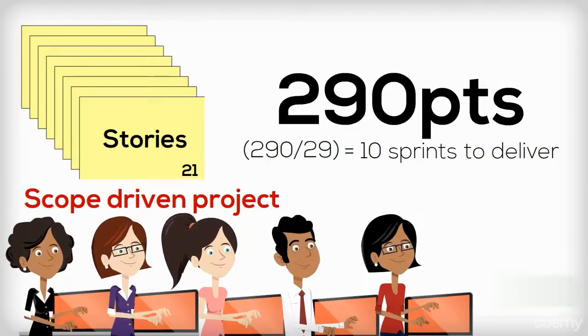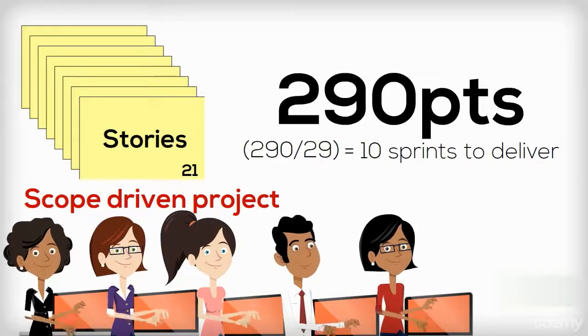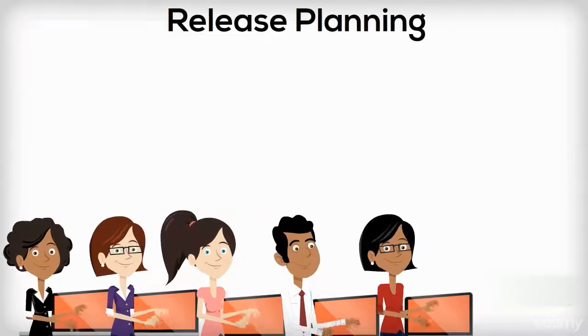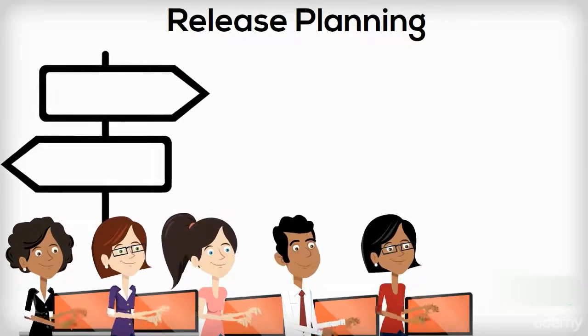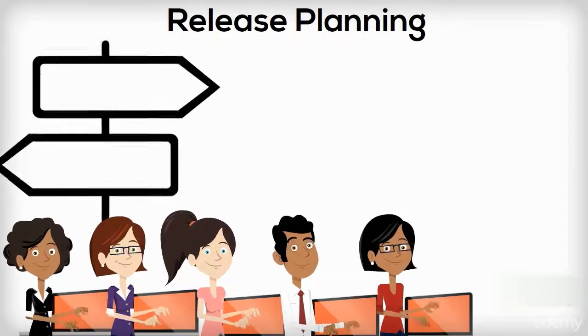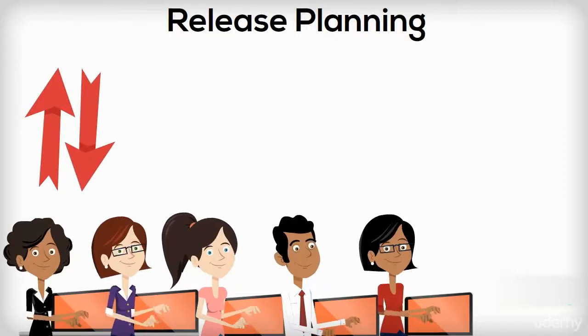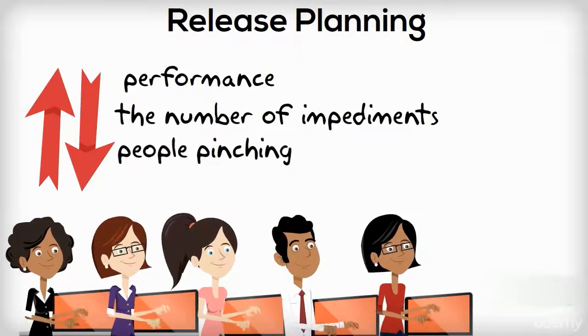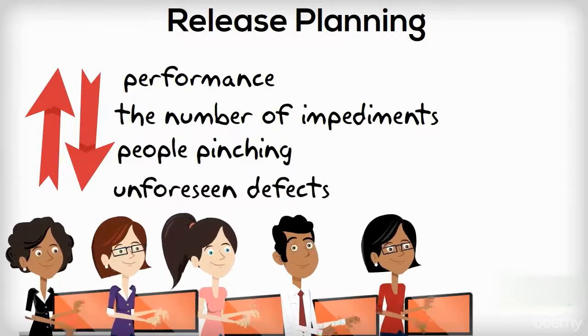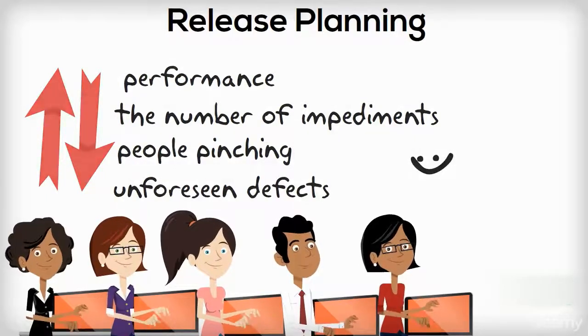This is a valuable indicator for the Scrum team as well as the whole business. When release planning, it is important to remember 2 things. First, this is an indicator. It is not a team commitment, especially since the velocity can go up or down based on performance, the number of impediments, people leaving, unforeseen defects, and lots of other fun stuff.